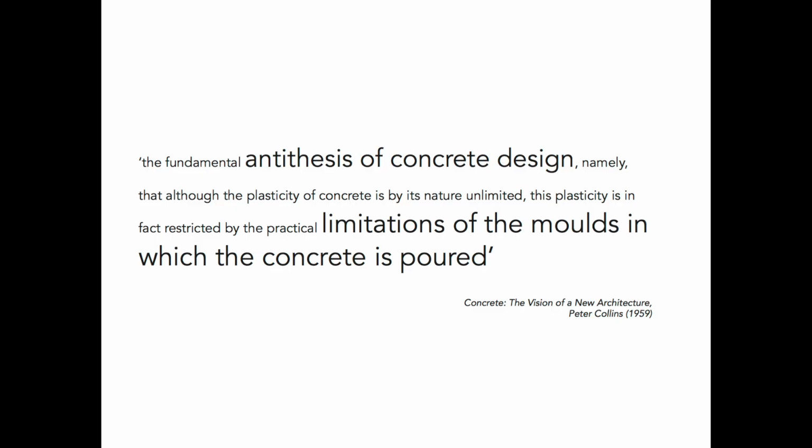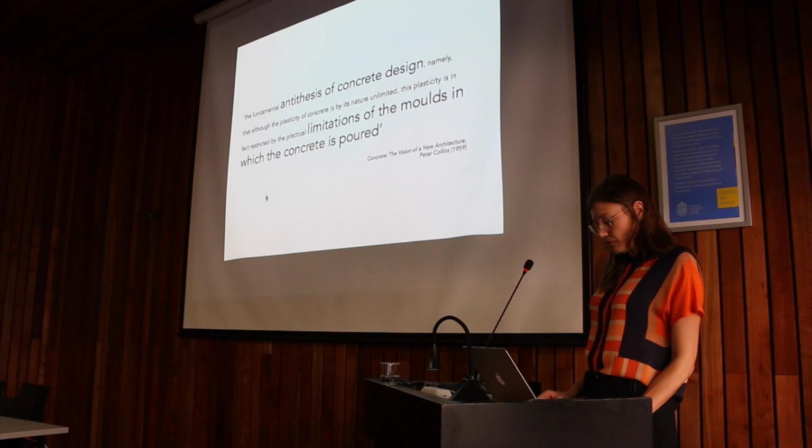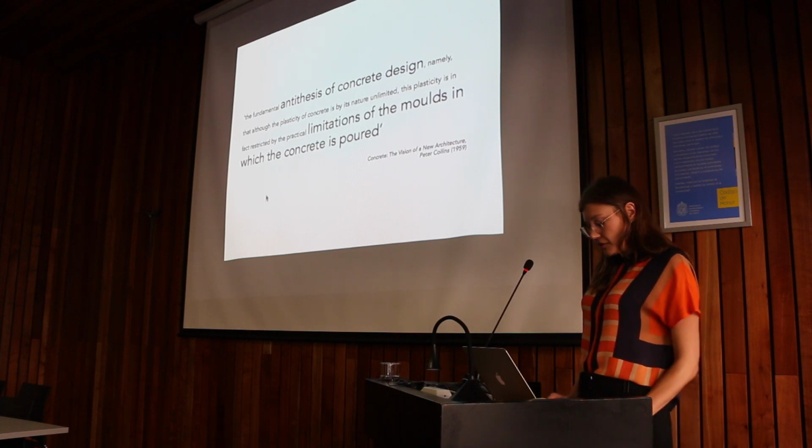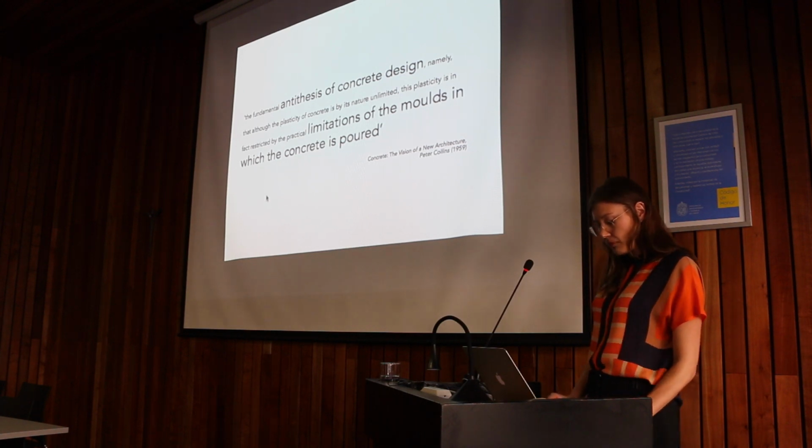The historian Peter Collins, who wrote about concrete, reflected on the fundamental antithesis of concrete design, namely that although the plasticity of concrete is by nature unlimited, this plasticity is in fact restricted by the practical limitations of the molds in which the concrete is poured. So a concrete building has essentially been built twice.